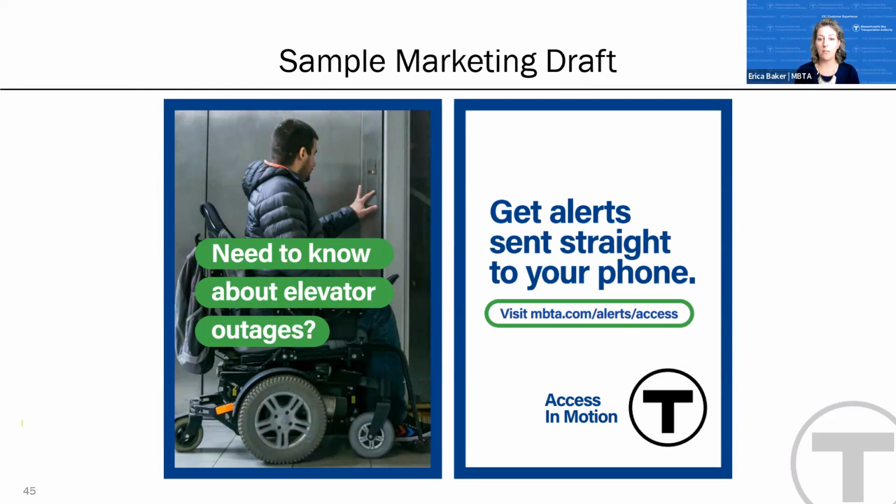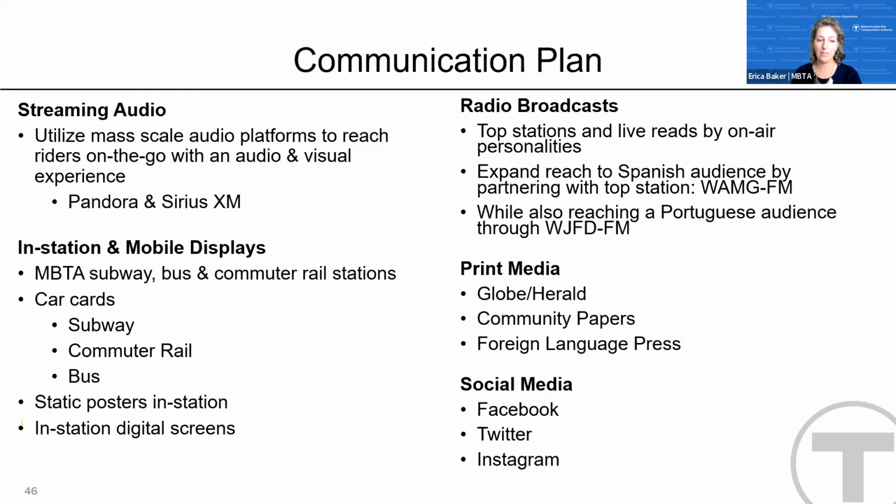What we really like about this creative is it can be identified clearly with the blue outline that we want to maintain consistently through all of the executions with this campaign, in addition to hopefully very high contrast copy against a white background, making legibility easy for riders who need it. That's it for this slide. On the next slide, this talks a bit about some of the places that this campaign will appear.